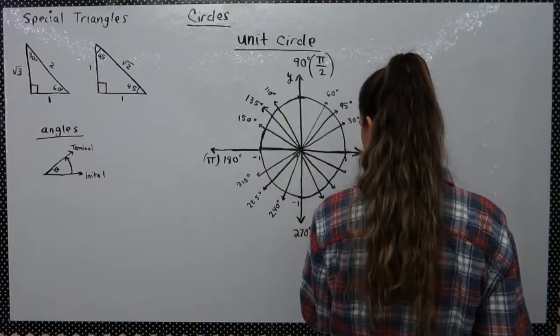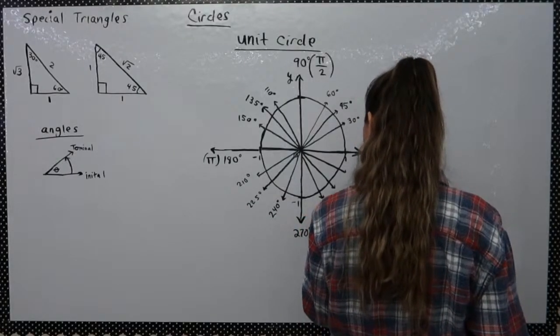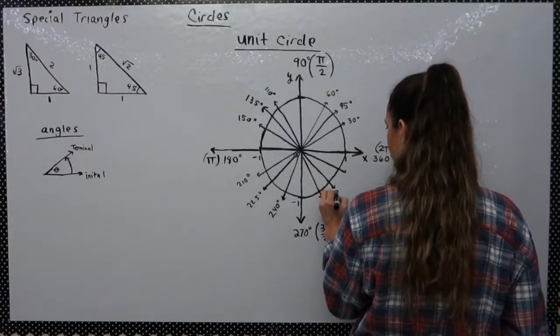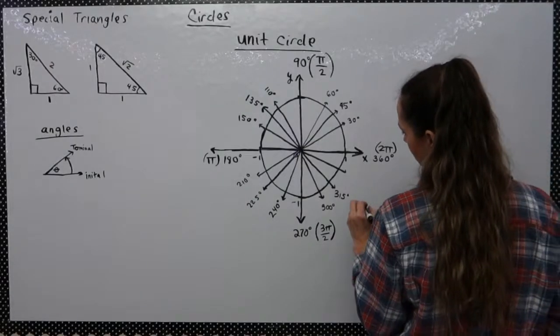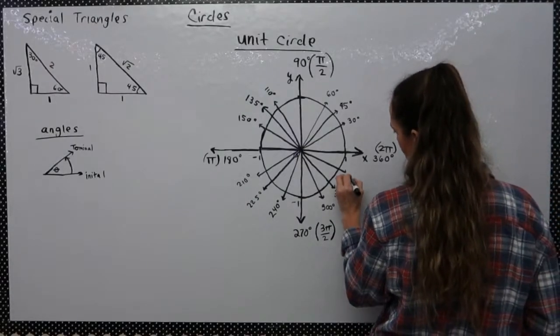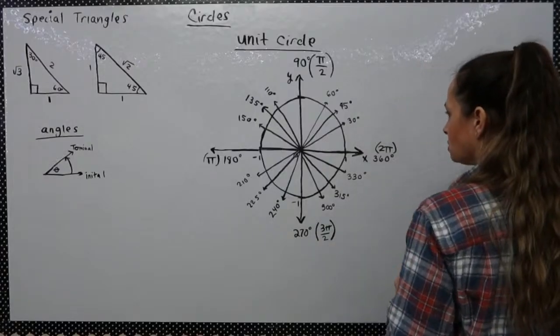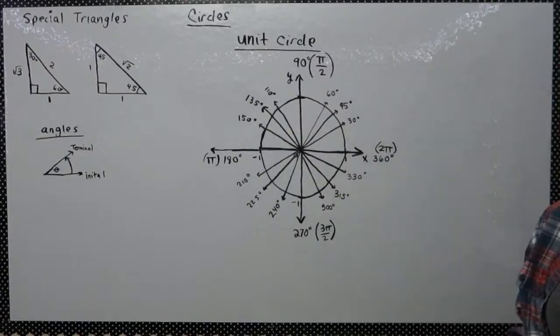So 270 plus 30 is going to be 300. And then plus 15 more would be 315. And then plus 15 more would be 330. And so this is how the degree measures of how you would split the unit circle up.